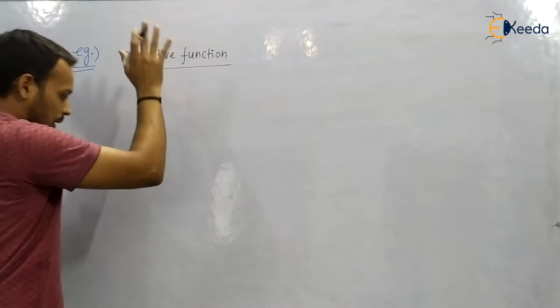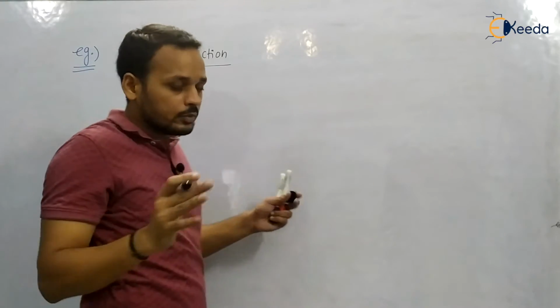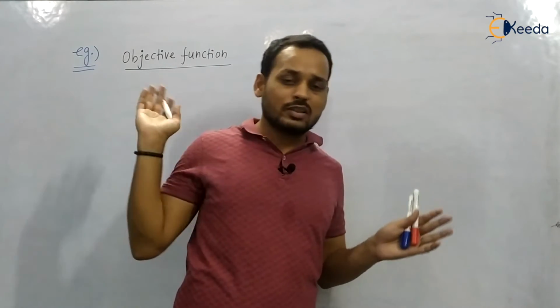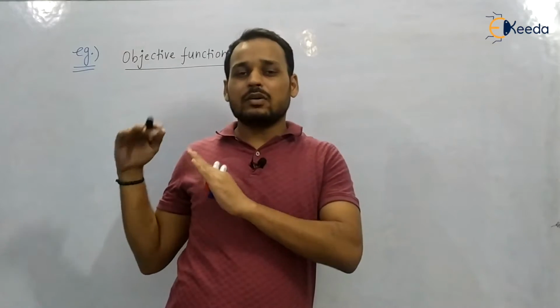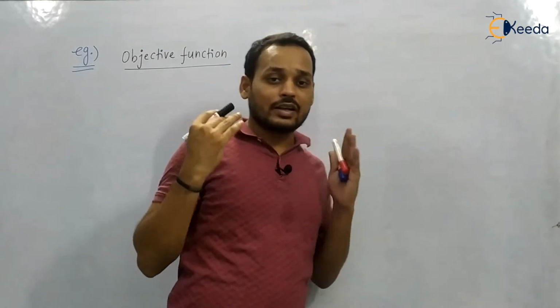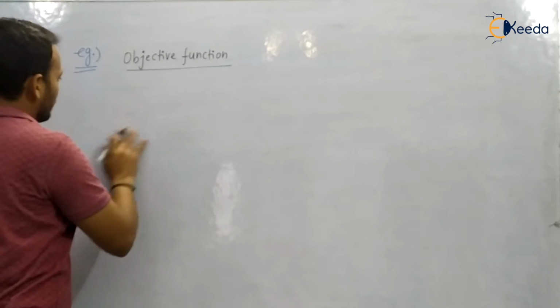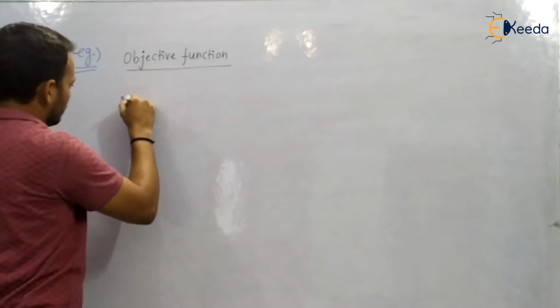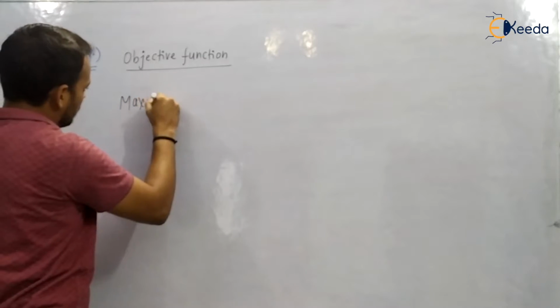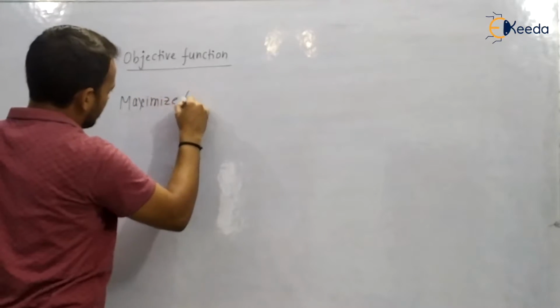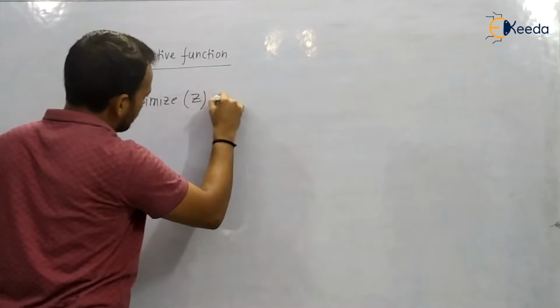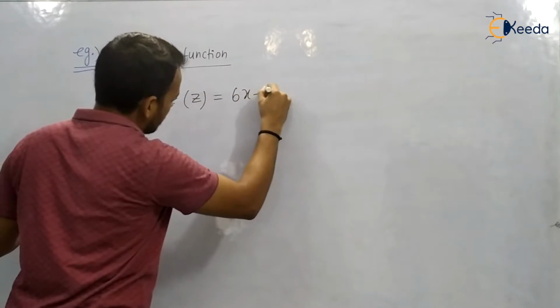I will tell you in the upcoming lectures how to formulate the objective function, but here I am going to write it directly. Suppose the objective function is: maximize Z = 6x + 5y.